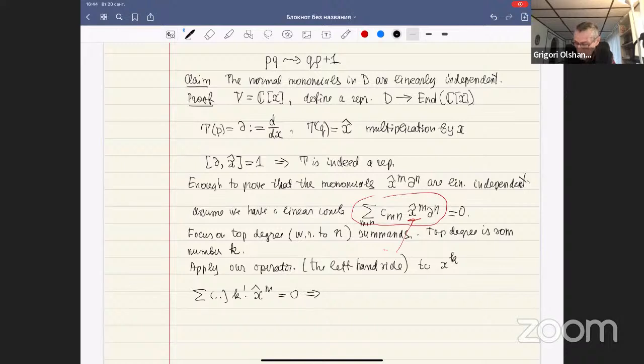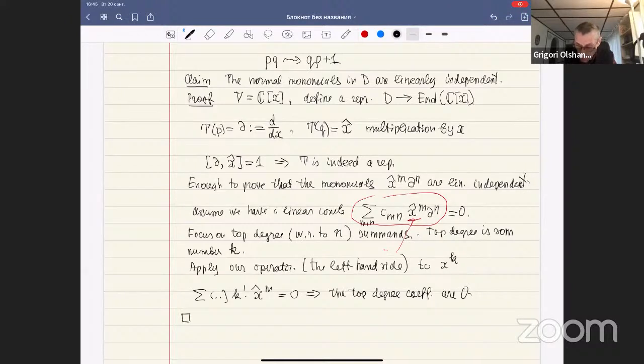This implies the top degree coefficients are 0, and we get that our linear combination is in fact the zero linear combination.